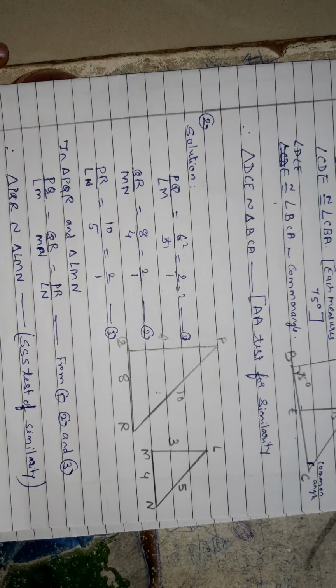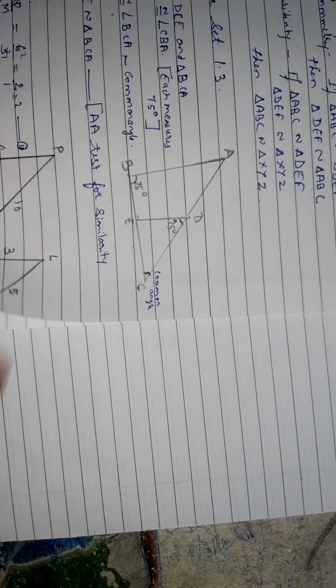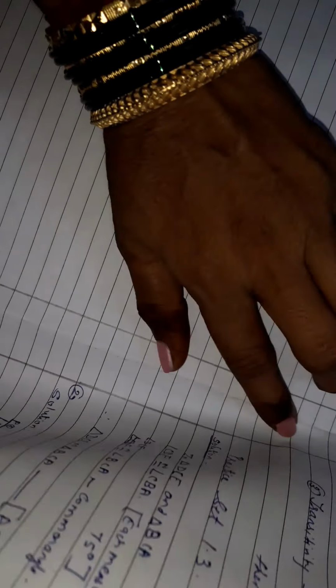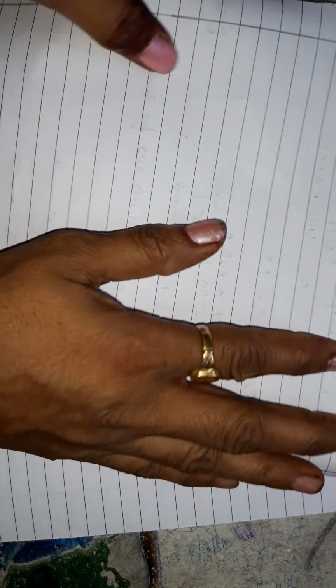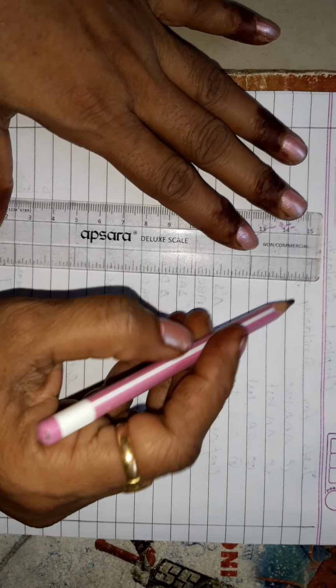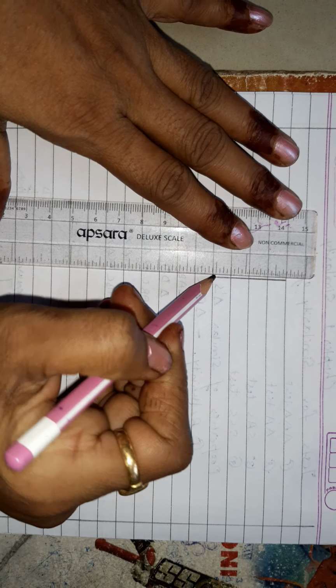Now let us see the third sum. Two triangles are given to you.